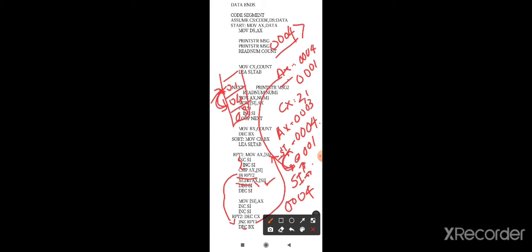And AX content is now 001. That will be copied into here. And increment SI. Now SI will be incremented twice, so SI content is now, here it is 4.